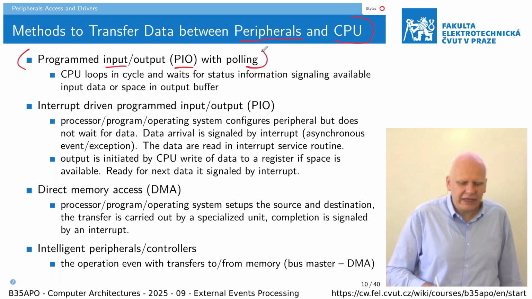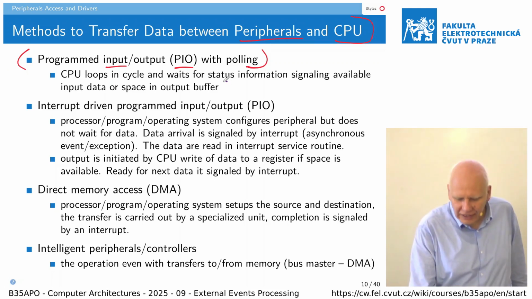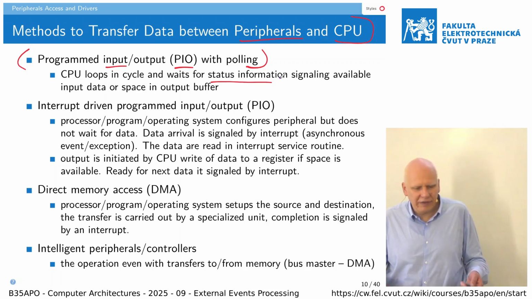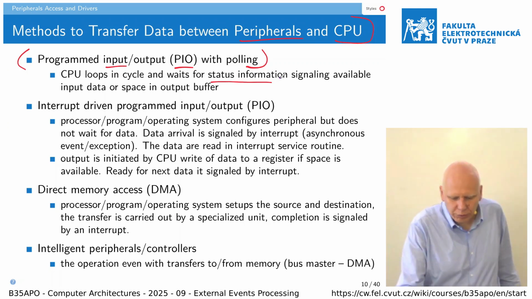In this case, the CPU loops in a cycle and waits for a status that new data are available on the input, or that there is space for the next data in the output buffer, and so on.